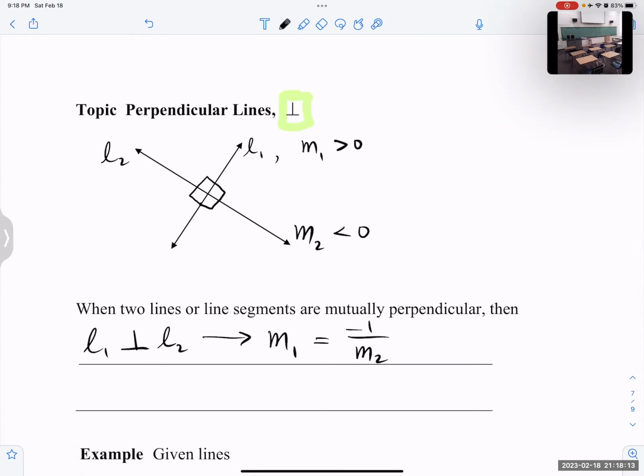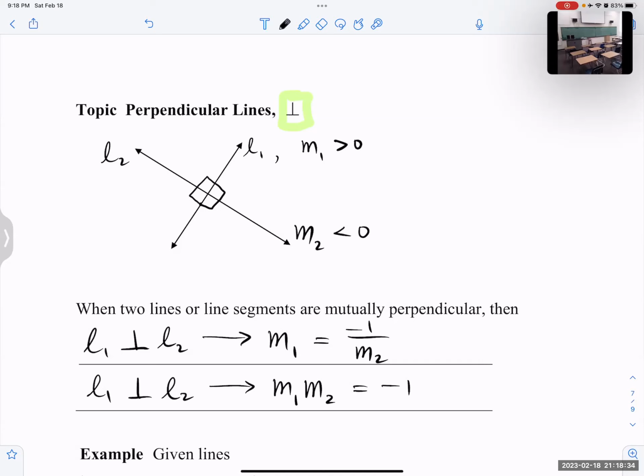If we multiply diagonally, we have perpendicularity. If true, then the product of their slopes, m1 times m2, is going to equal negative 1.